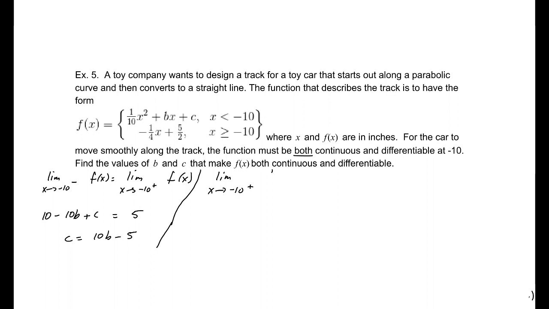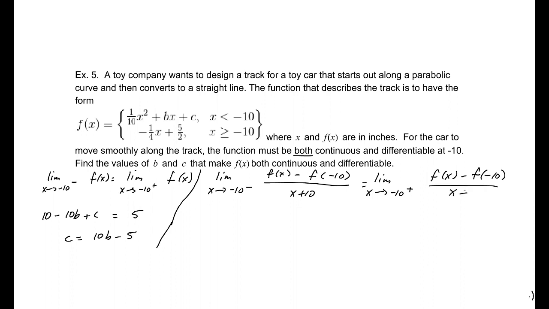So I'll go ahead and write that as f of x minus f of -10 over x plus 10, which should be equal to the limit as x approaches -10 from the left on this side and the right over here, of f of x minus f of -10 over x plus 10.